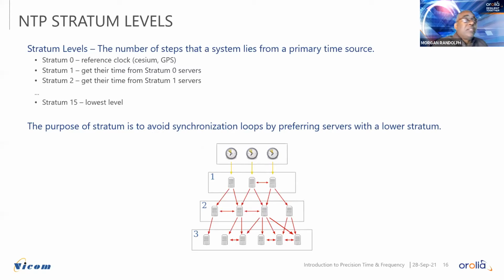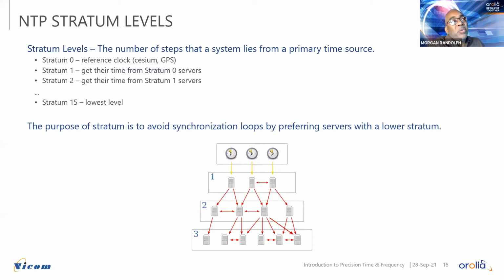One of the things that's interesting about NTP is the stratum hierarchy. It was confusing when I first got involved with timing 7 years ago. I knew NTP, but I didn't know stratums. The stratum level is the number of steps that a system lies from a primary time source.